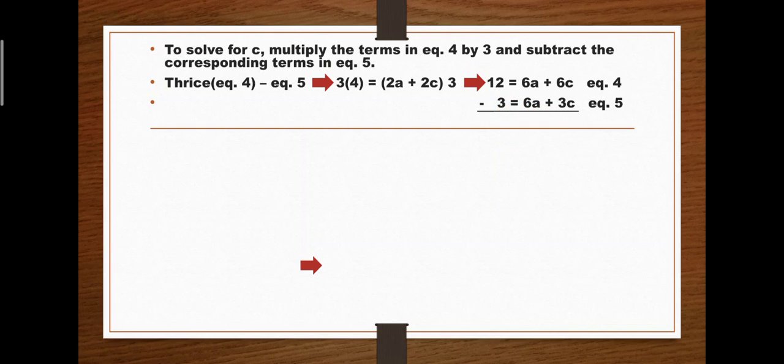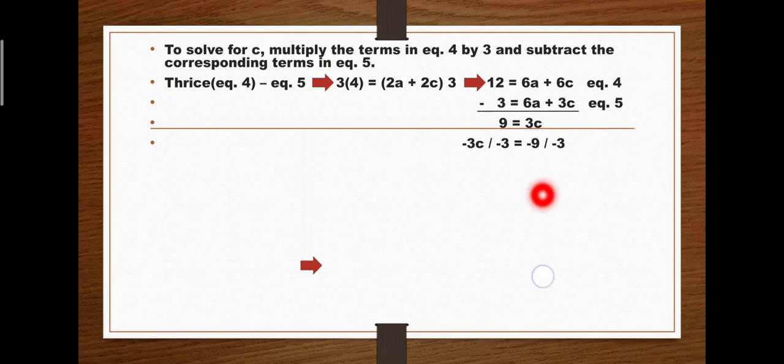So, subtract na natin siya. 12 minus 3 is 9 is equal to 6a minus 6a. 6 minus 6 is 0. So, cancel na tong 6a, itong a. Then, ito naman, positive 6c minus 3c. 6 minus 3 is 3. Then, copy the variable c. So, 9 is equal to 3c.